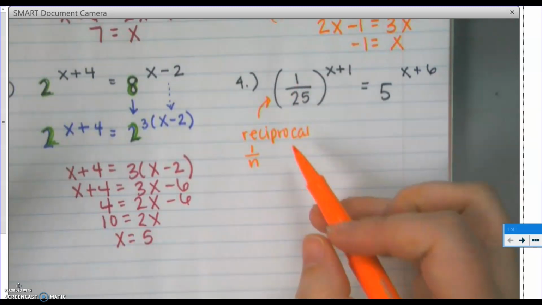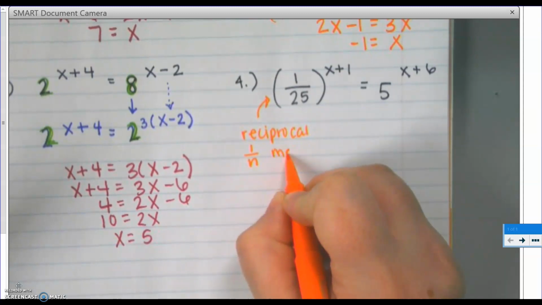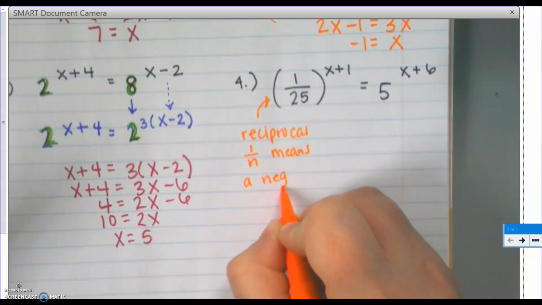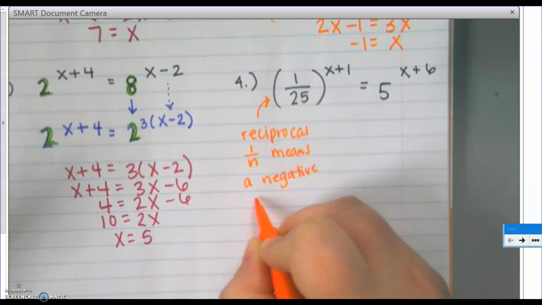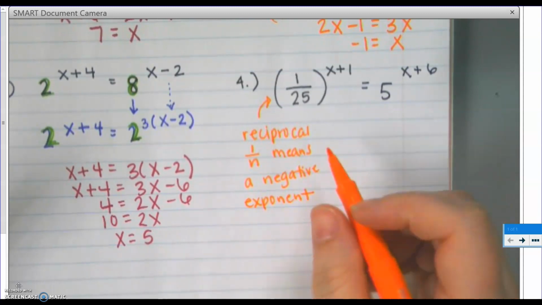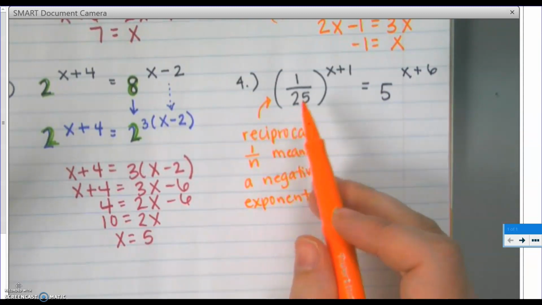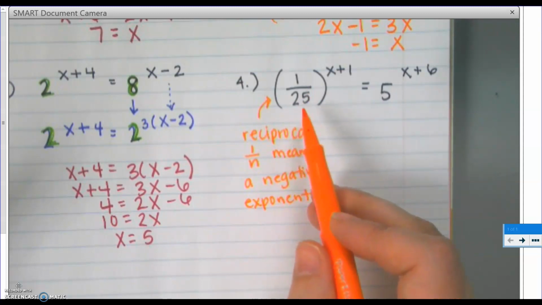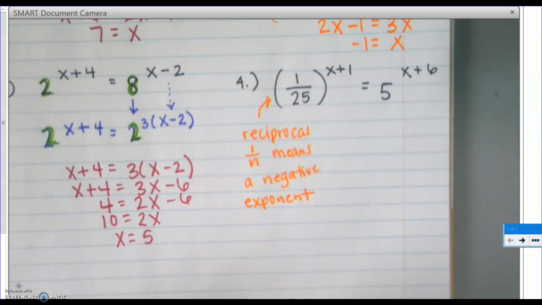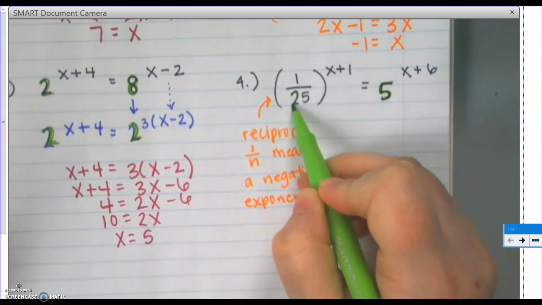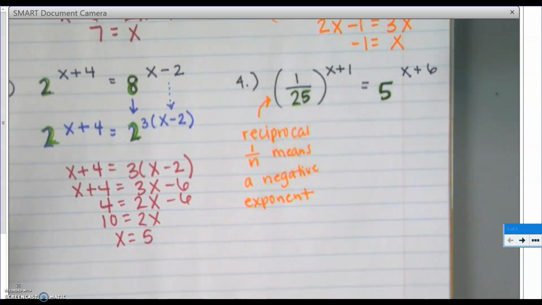A reciprocal fraction means a negative exponent. So if I ignore the fact that it's 1 over 25 for a second and I just look at the number 25, this base is 5. So I need to scale 25 back so that it would be 5 to a power.